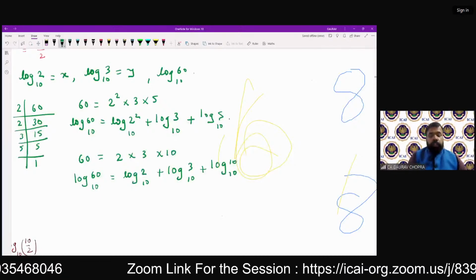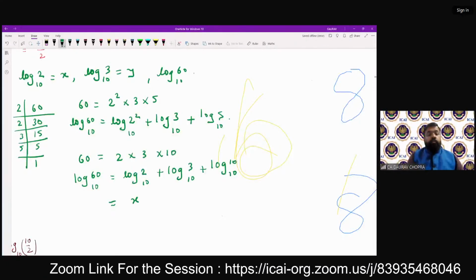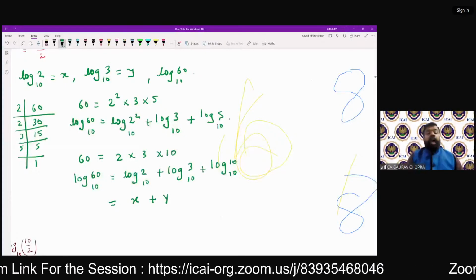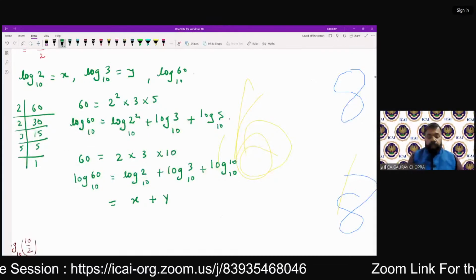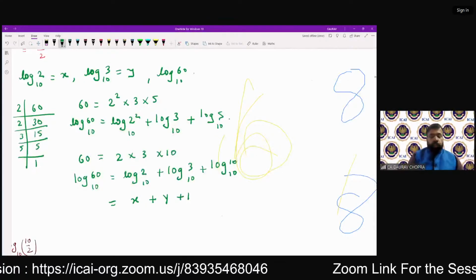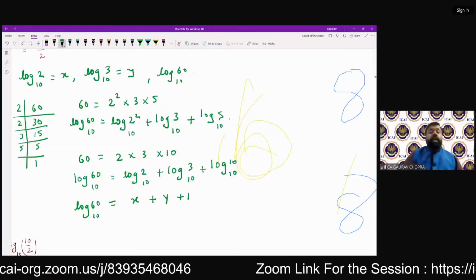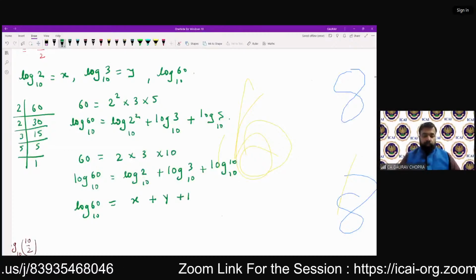Now, as we know, the question has given that the value of log 2 is x. The value of log 3 is y. And log 10 base 10, when main value and base value both are same, the result is 1. So this is your required answer. Log 60 base 10 is equal to x plus y plus 1.